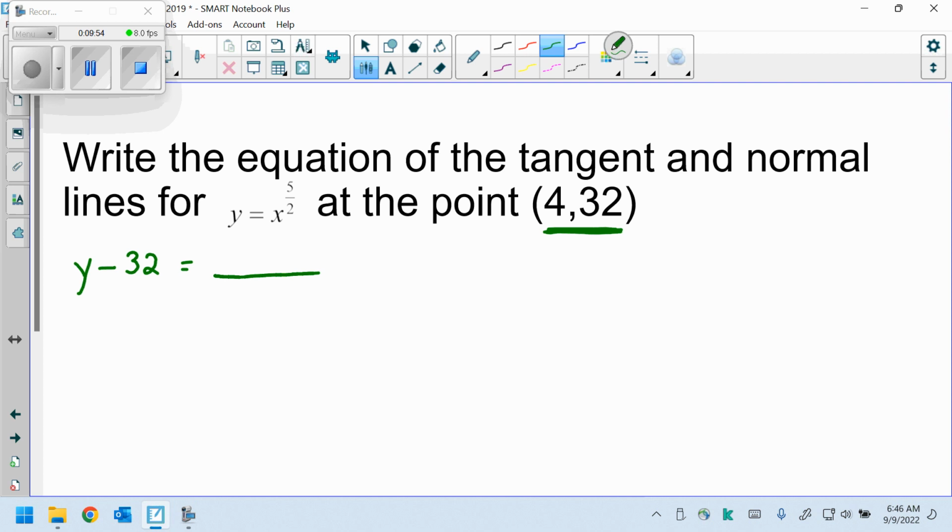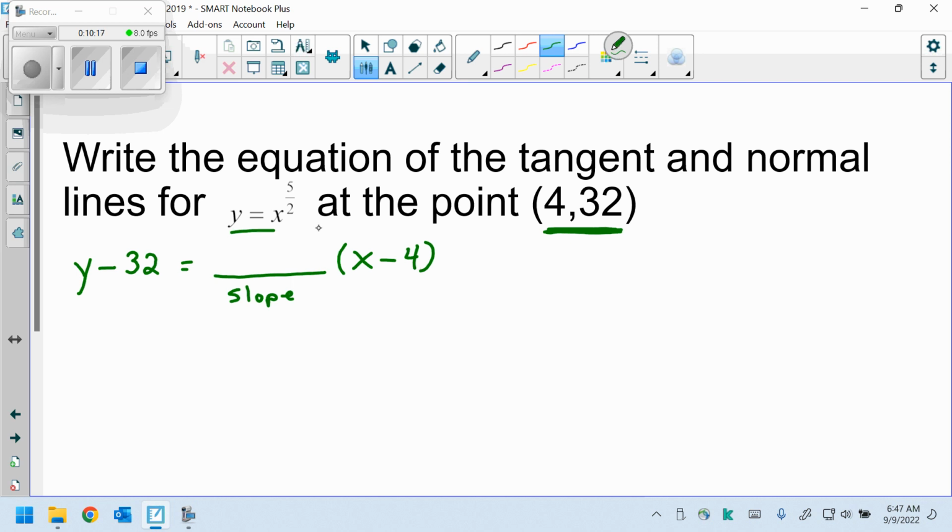Now I have to find that slope, times x minus whatever the x value is, in this case. All right, now let's find the slope.